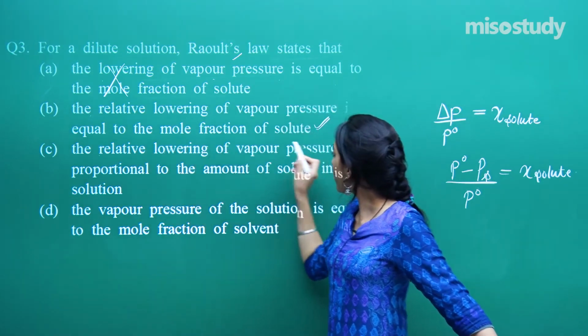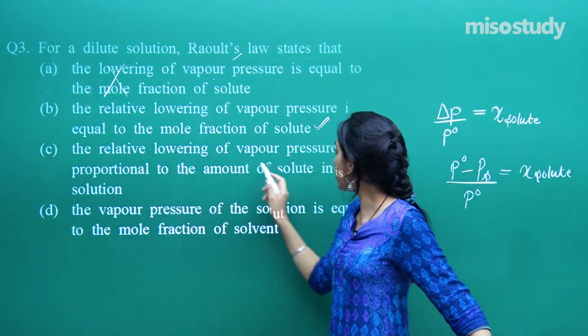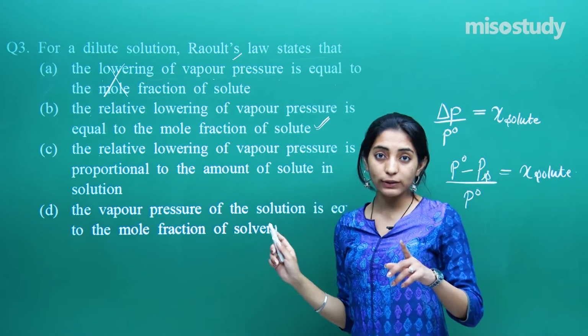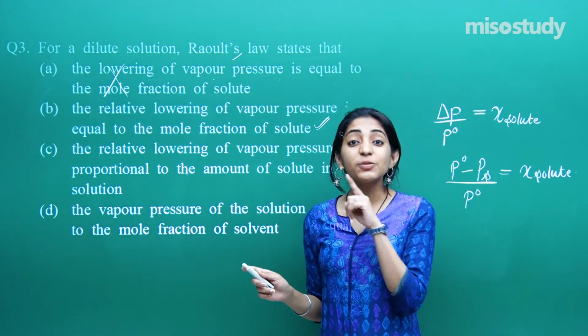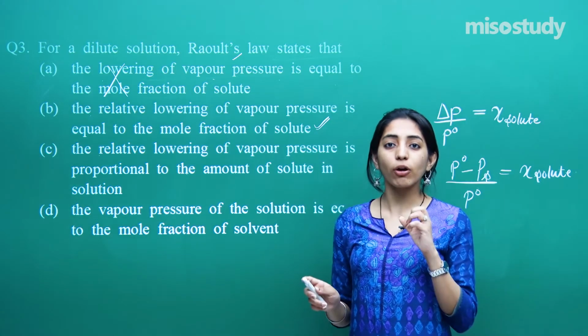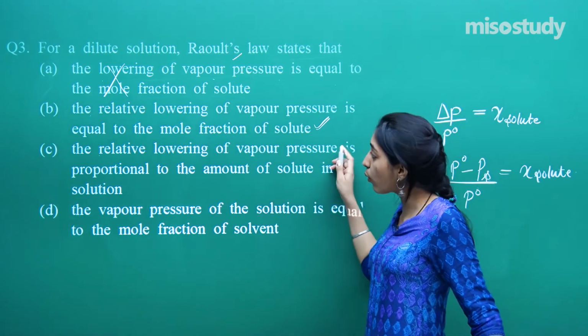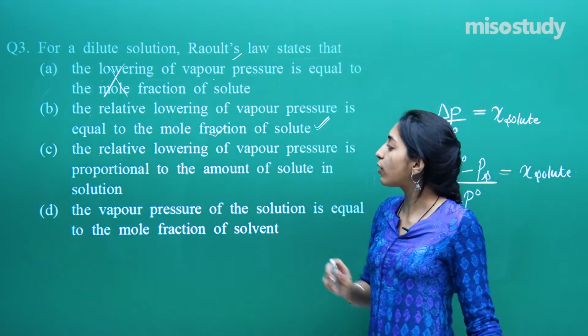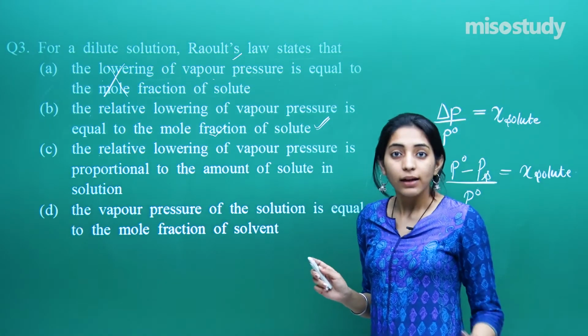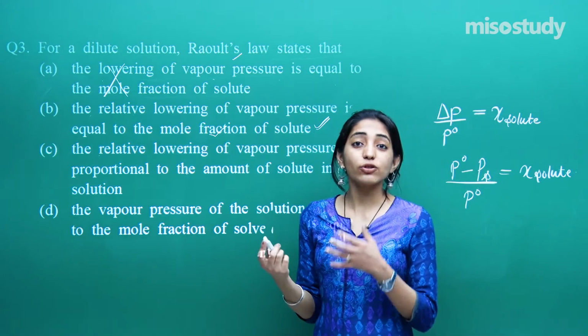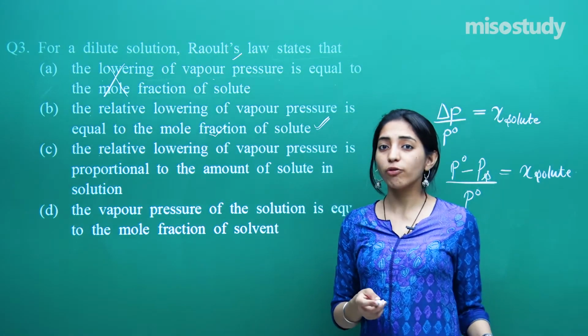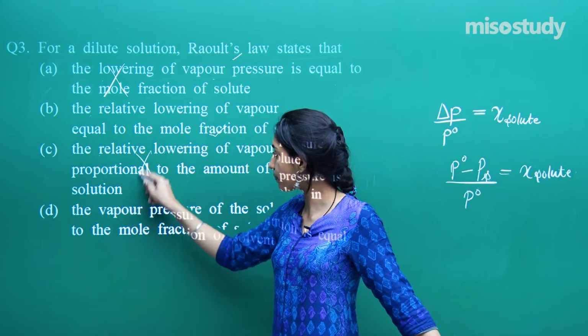Let's read the third statement. The relative lowering of vapor pressure is proportional to the amount of solute in the solution. Although I agree it is proportional, the final statement of Raoult's law was that it is equal to the mole fraction of the solute, right? We cannot say more will be the, so simply talking in terms of mass will not give me the answer.